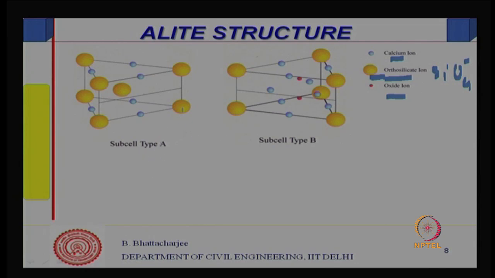This is your orthosilicate ion, the calcium ions, and in this one you have got oxygen ions, and this combines together to form full shells with subshells A, B, etc. So, ALITE, that is C3S, has got a structure of this kind, with small calcium ions and orthosilicate ions surrounding them in the manner as shown.